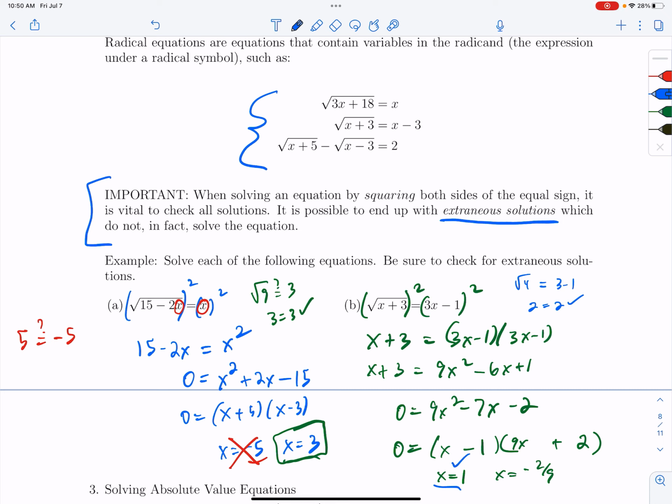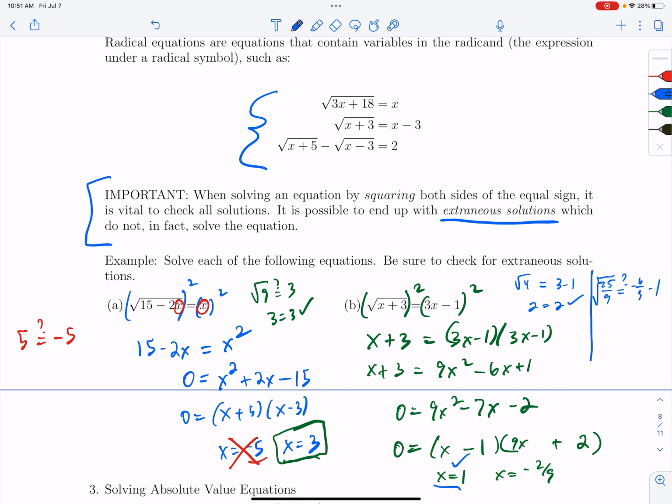And then when I substitute in negative 2/9, this one's not going to be quite as quick. So negative 2/9 plus 3, well, 3 is 27/9, 25/9 on the left-hand side. Is that equal to negative 6/9 minus 1?